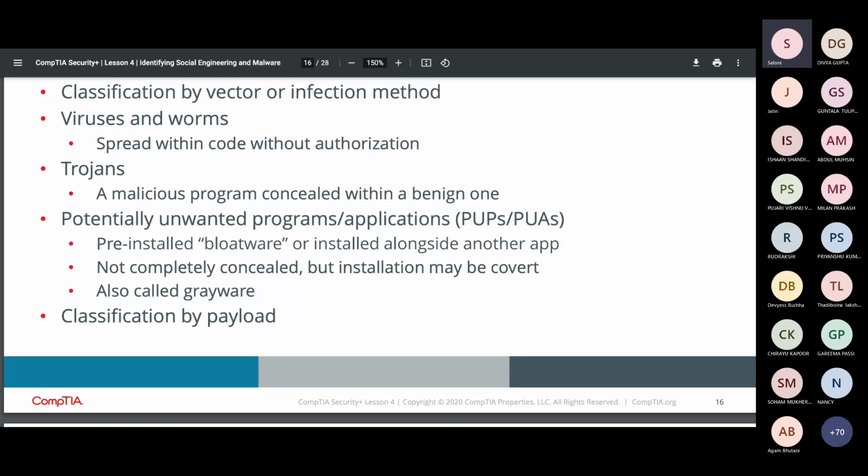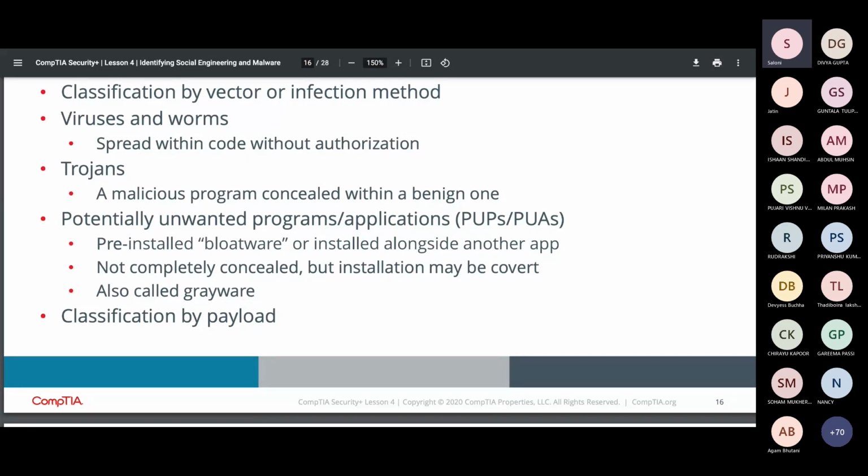So potentially unwanted programs or applications, PUPs or PUAs, which are unwanted programs or applications. So these are the software which are installed alongside a package which is selected by the user. हम कोई पैकेज सिलेक्ट कर रहे हैं, perhaps bundled with some new computer system. So unlike Trojan, the presence of a PUP, potentially unwanted program, is not automatically regarded as malicious.